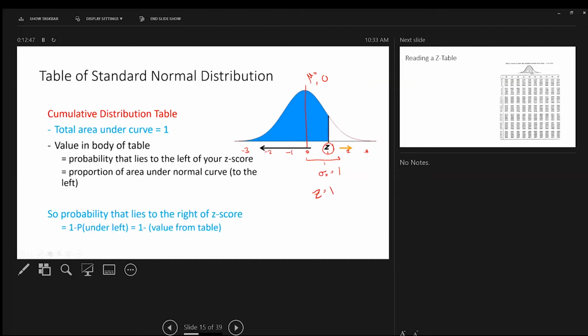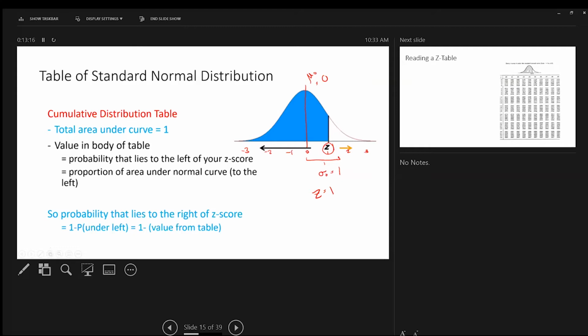Okay, so the area under the curve is 1. This value that we calculated, if z equals 1, the tables that you have at the back of the chart tell you the probability that lies to the left of your z-score, this blue area. The proportion, which is also the proportion of area under the normal curve.